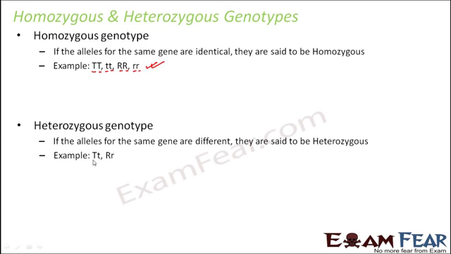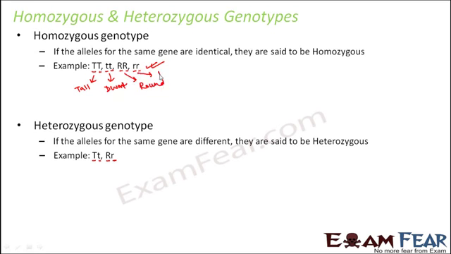But here in this case, the alleles are not identical to each other. So these are heterozygous genotypes. Now the question is, what would be the phenotype for these? The phenotype for this is going to be tall. The phenotype for this is going to be dwarf. The phenotype for this is going to be round seed.